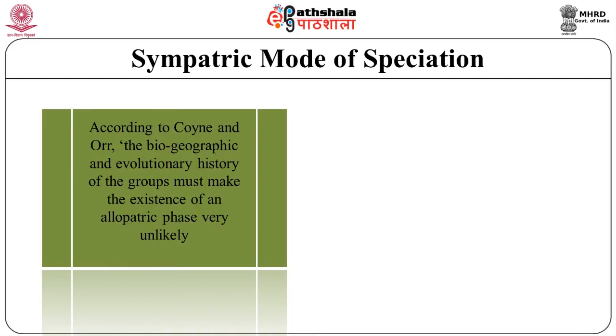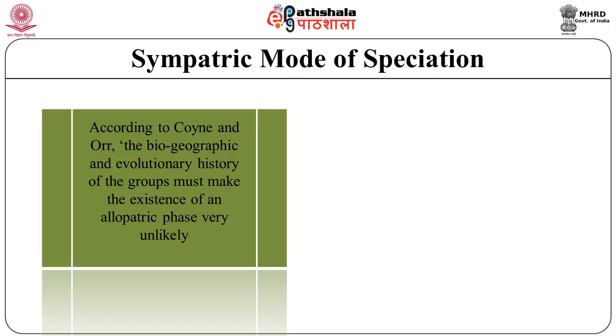Number 4, according to Coyne and Orr, the biogeographic and evolutionary history of the group must make the existence of an allopatric phase very unlikely. This is not so much a criterion as a statement that the first 3 criteria are necessary but not sufficient, in their view, to reject the alternative to sympatric speciation.